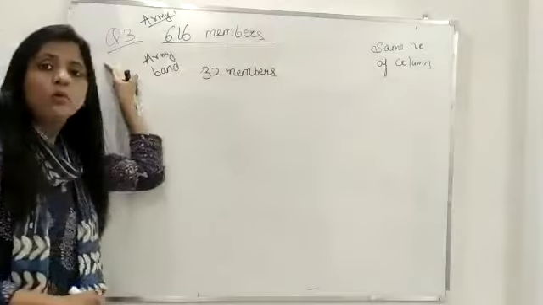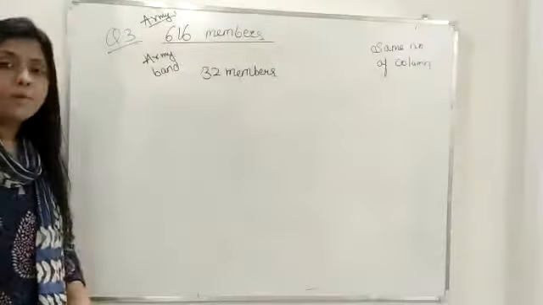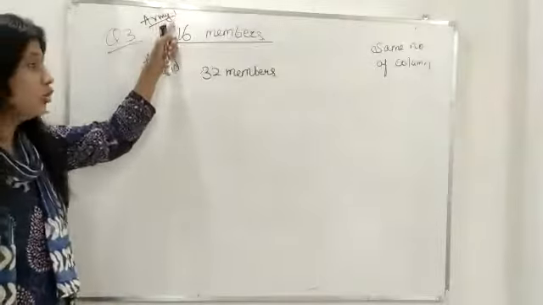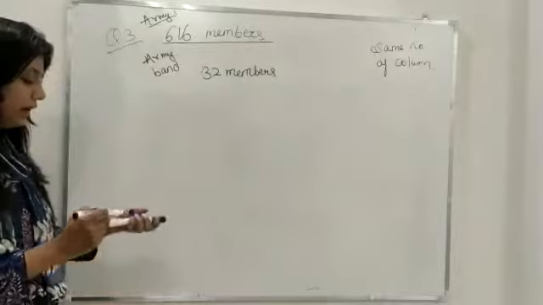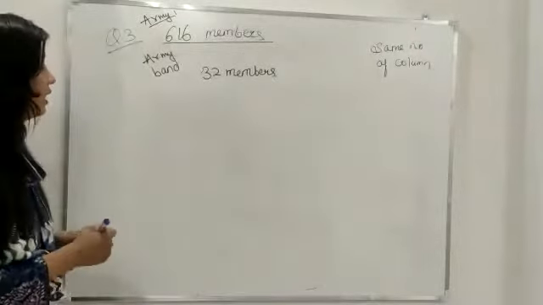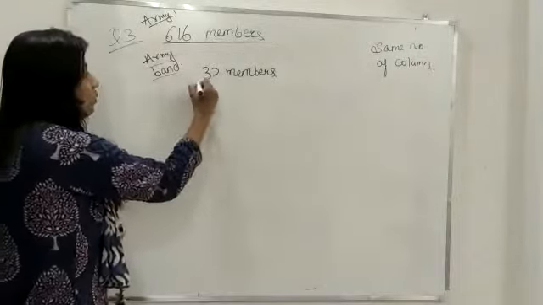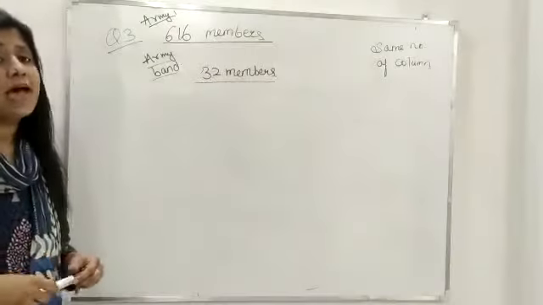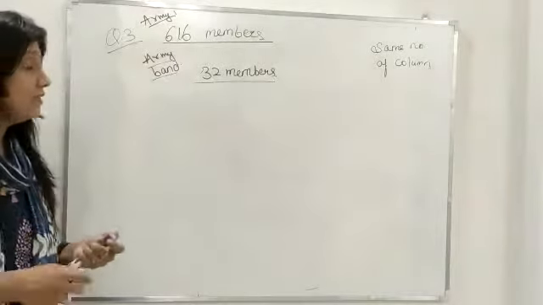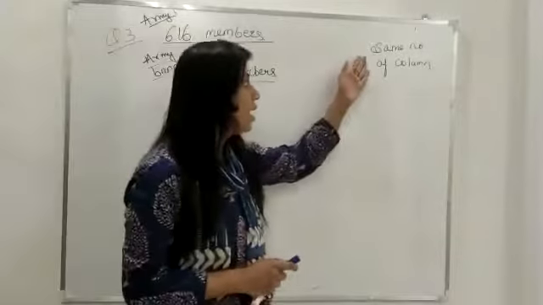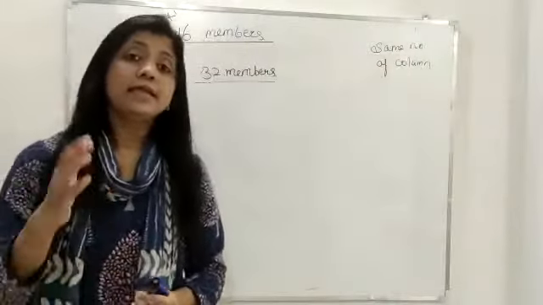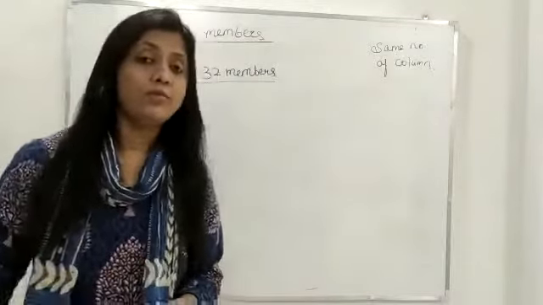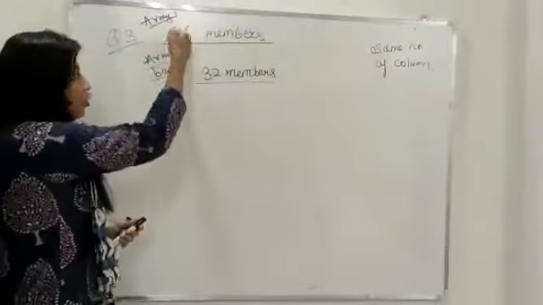So now, what is my next question? Suppose there is one RV group of 616 members and there is the RV band in which there are 32 members. Suppose I say that they have to march in the same number of columns and I have to find the maximum number of columns in which these two groups can march.